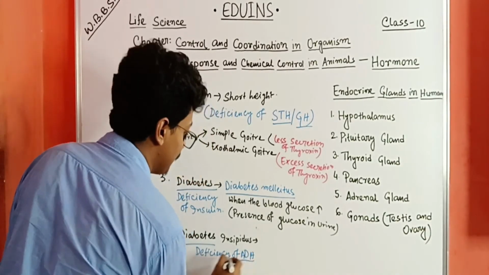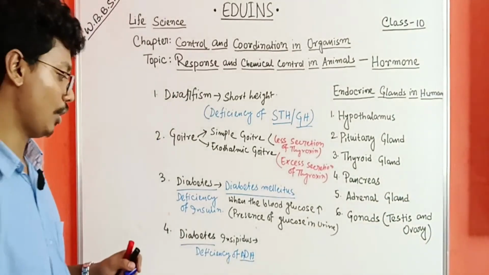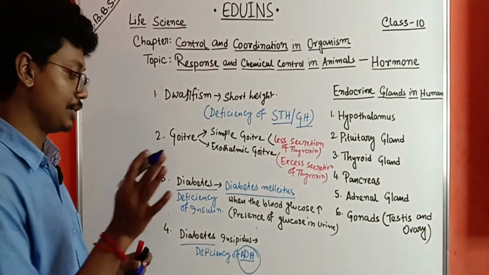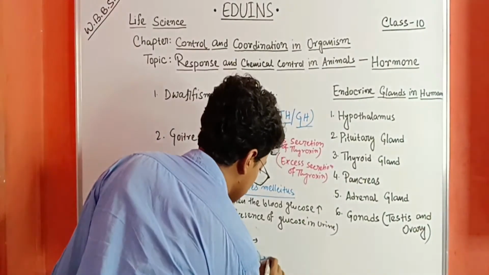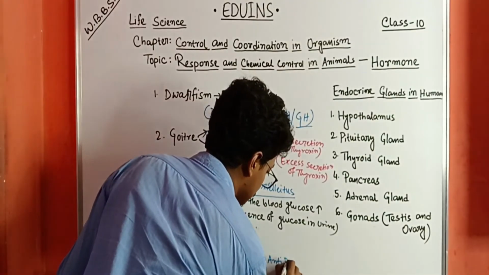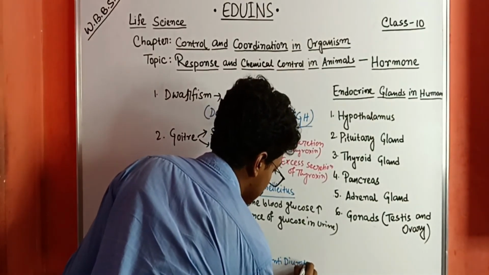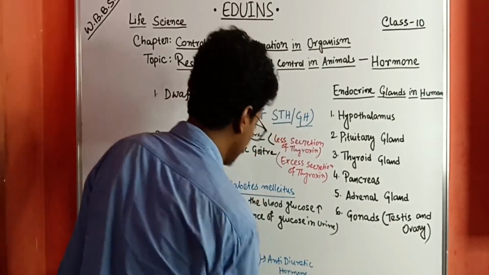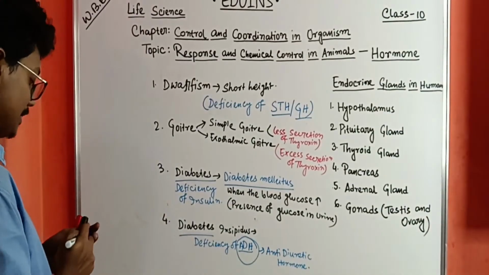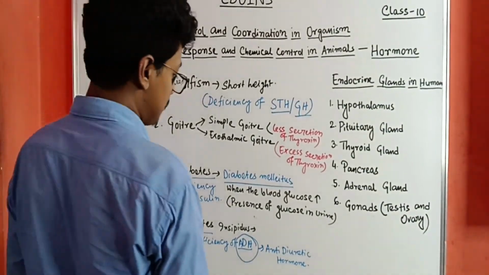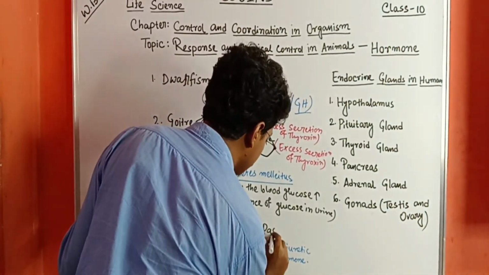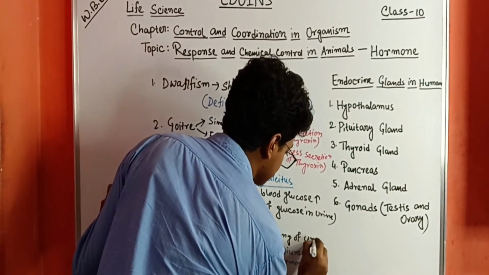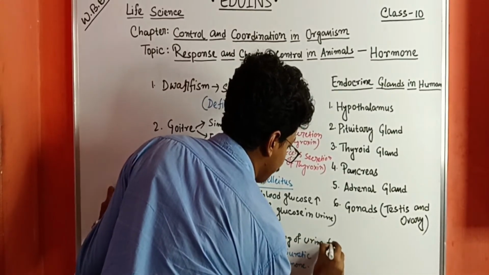What is the full form of ADH? Antidiuretic hormone, which regulates the release of urine. So in diabetes insipidus, what is the symptom? The symptom is passing urine frequently.